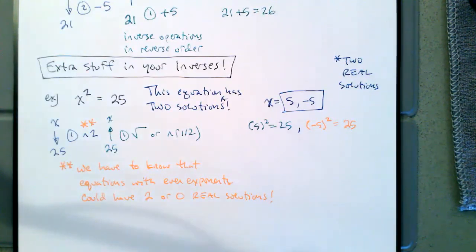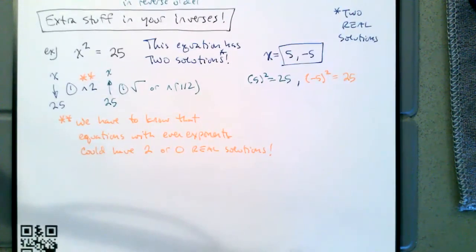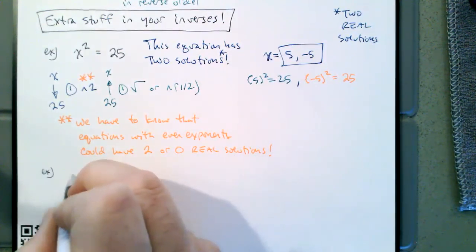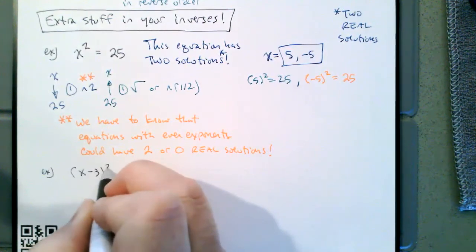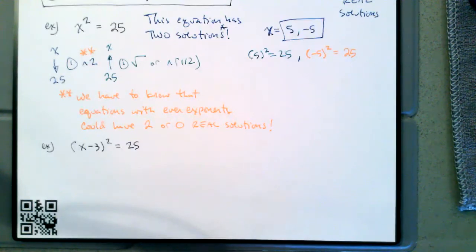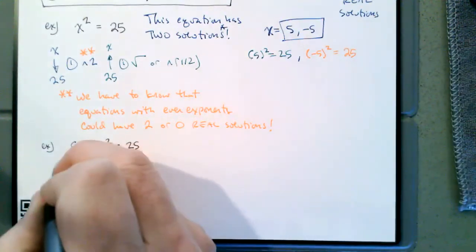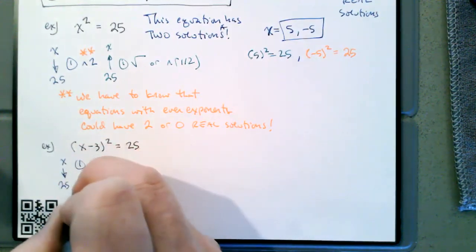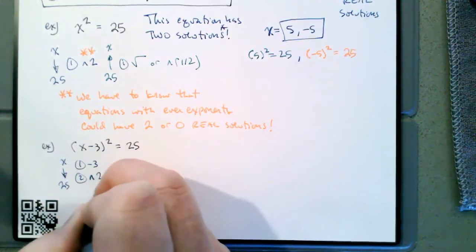What this means is that when we're solving, if this squared operation shows up in the middle, if there are more operations to perform afterwards, we have to do that to two solutions. So for example, still not at trig stuff. If I have the equation, say, (x minus 3) squared equals 25, when we read the equation, to turn an x into a 25, first we're subtracting 3, and then we raise to the second power.